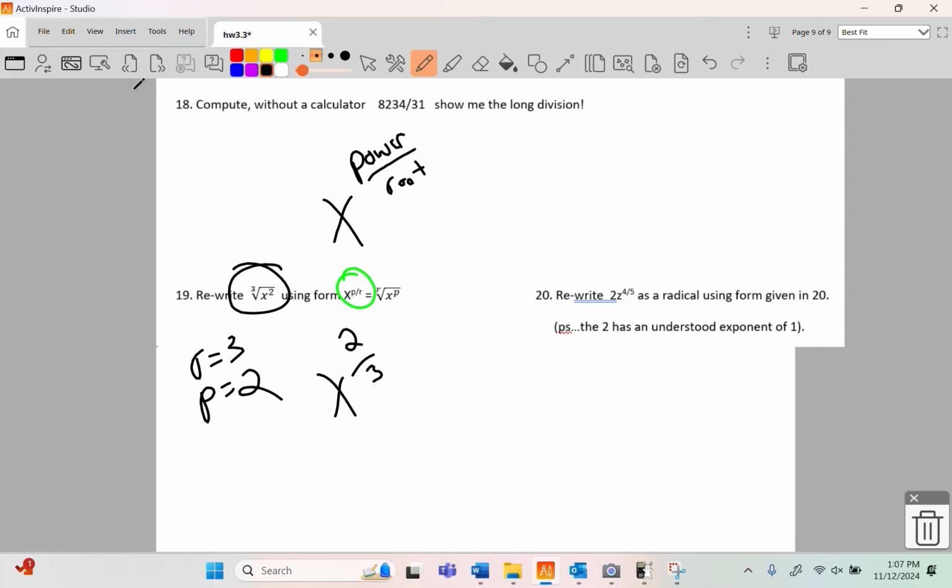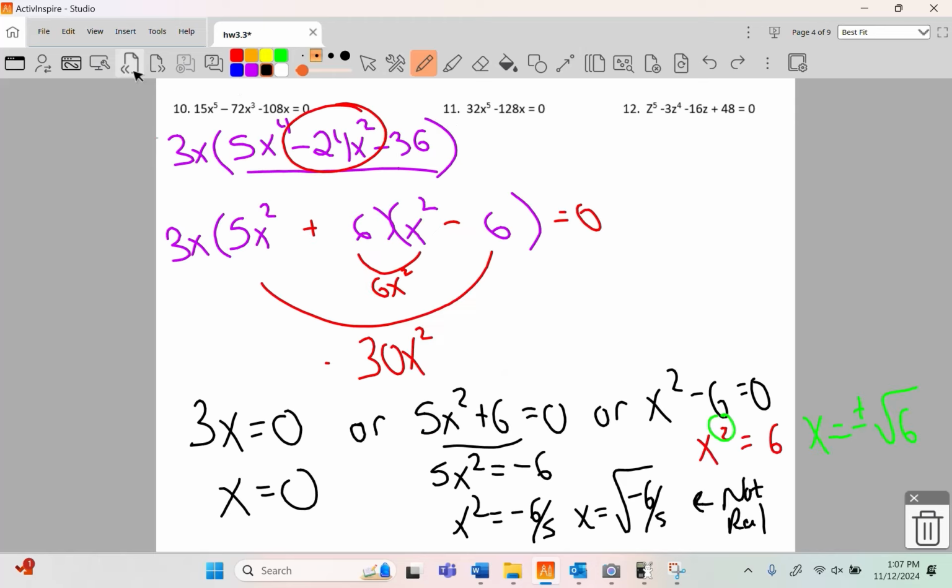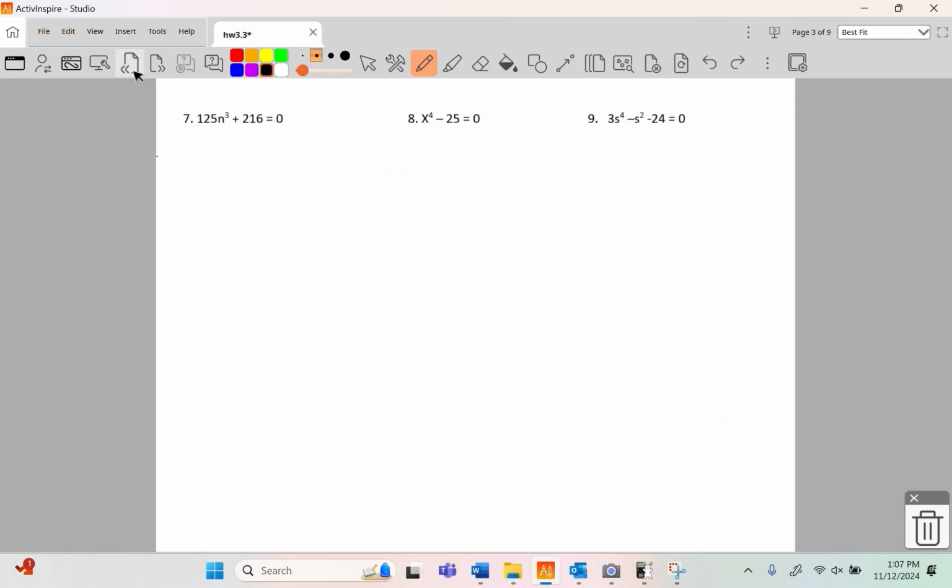Let's find one of yesterday's problems that maybe I didn't do. I don't remember doing 7. Maybe I did, maybe I didn't. This is what you call an A cube plus B cube pattern. 125 when you cube.